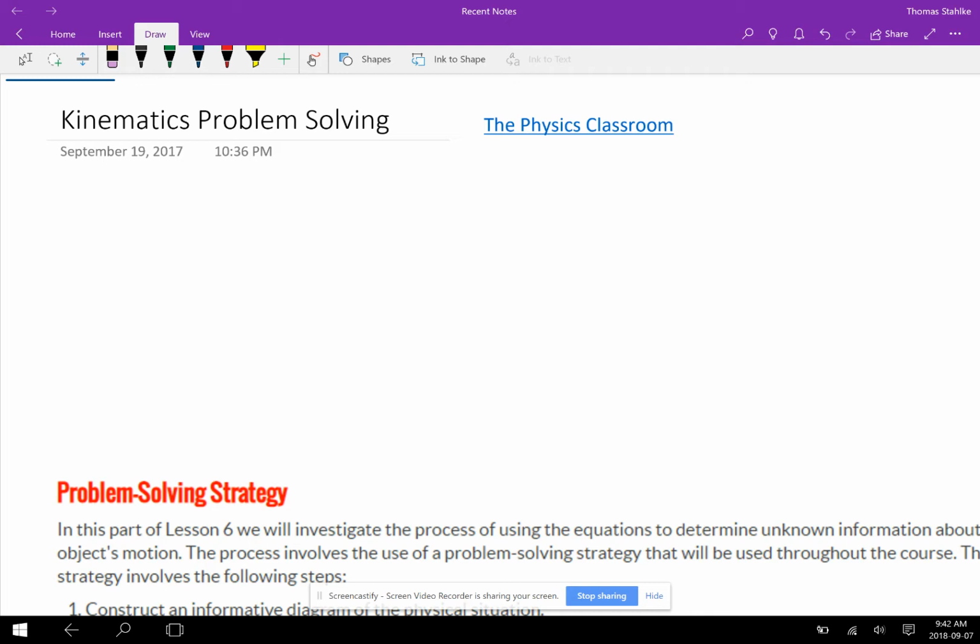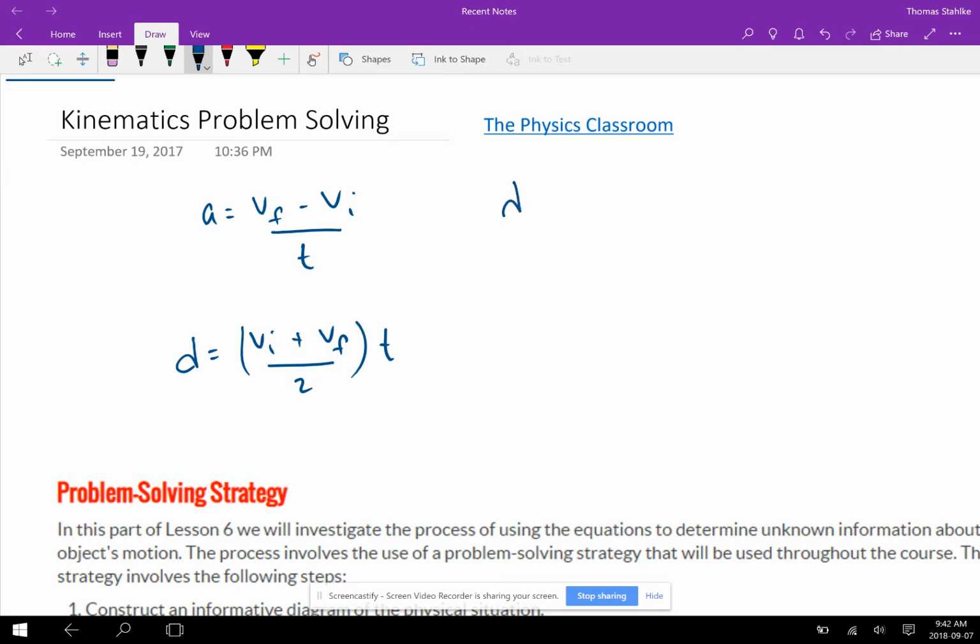So first of all, let's take a look at the key equations that we need to use in this section of the course. First, acceleration is final velocity minus initial velocity over time. Our second equation was displacement is initial plus final velocity divided by 2, multiplied by time.